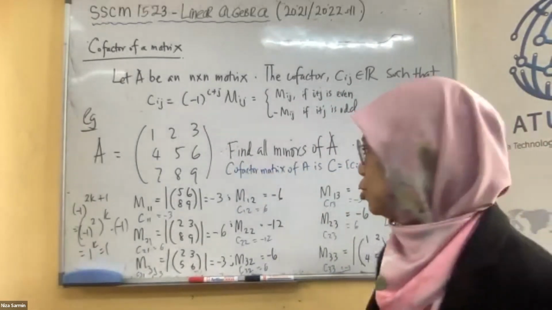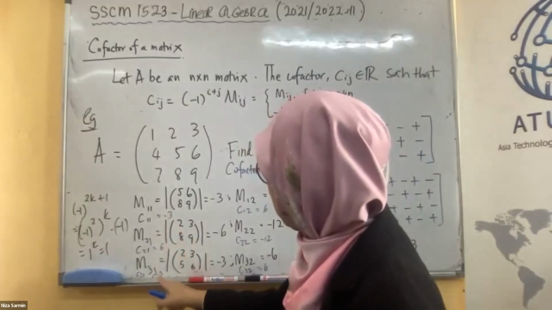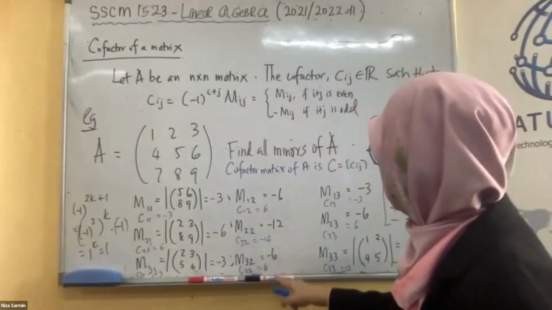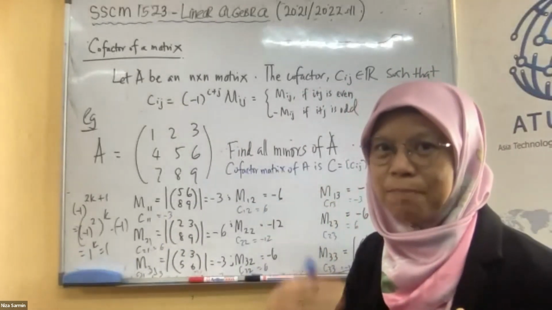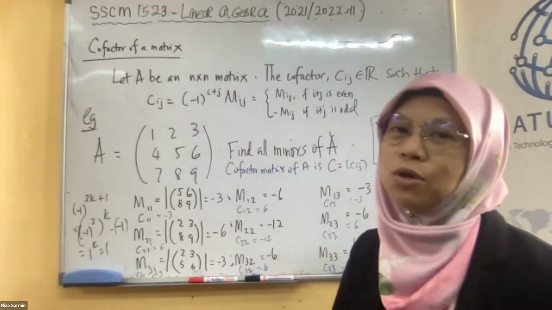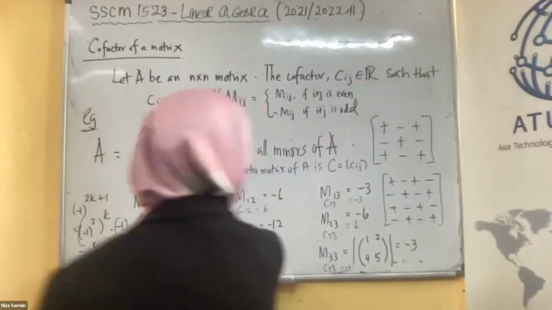Okay, so you just take all these numbers, put together, and becomes a matrix, and it is called a cofactor matrix.